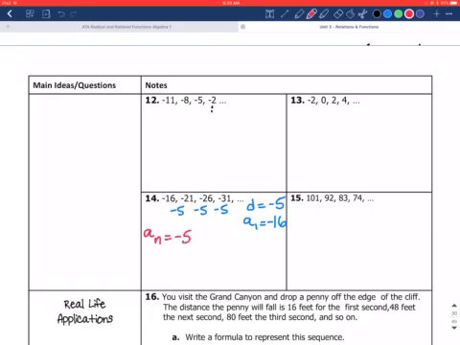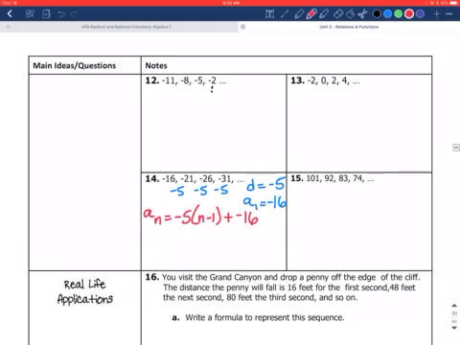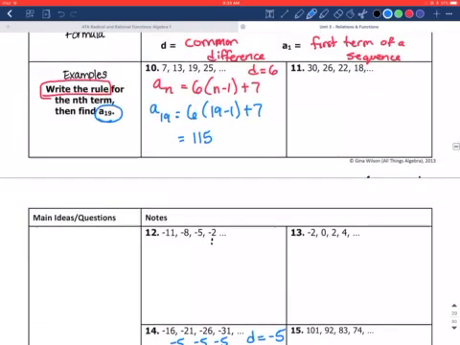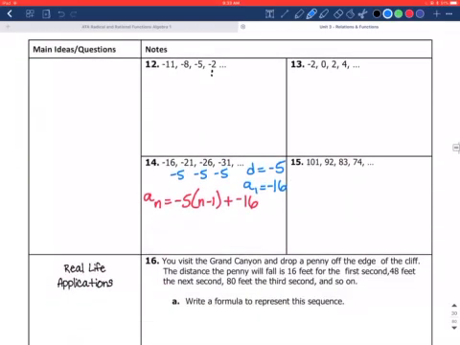We write out our common difference, n minus 1, and then we add our first term. Yes, that could be minus 16, but plus negative 16 is not incorrect. So then they asked us before, we're still in the same section, we're still going to do 19. Now, we don't do 19 every single time. I don't want you guys to think, oh, 19 is a magic number.